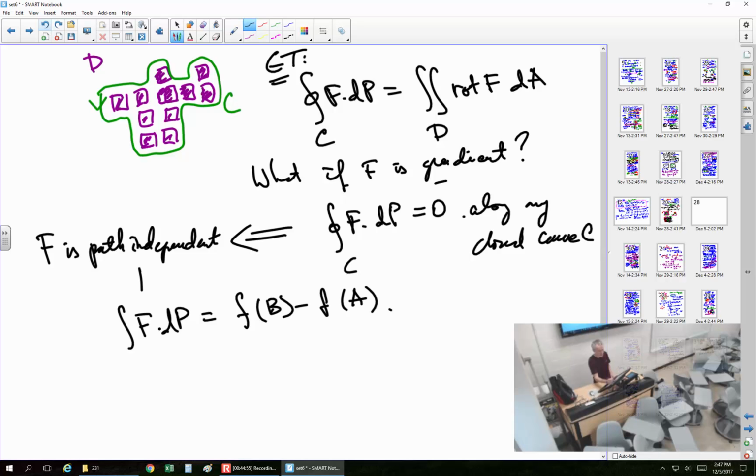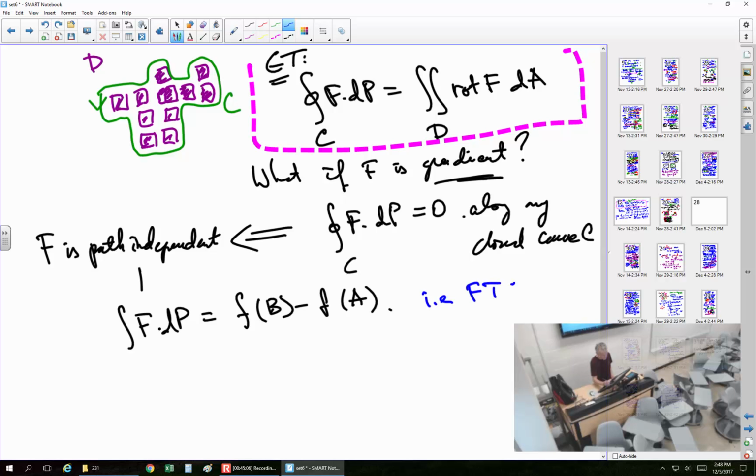So in other words, if we put this extra assumption on our theorem, what we arrive at is the fundamental theorem of calculus for gradient vector fields. So this little formula in fact contains the fundamental theorem. Not just contains, it is a generalization of the fundamental theorem.